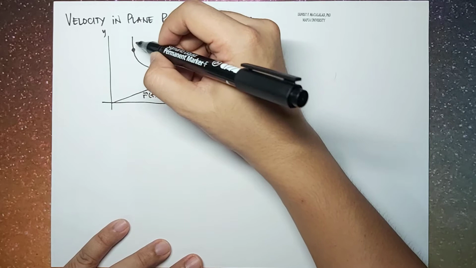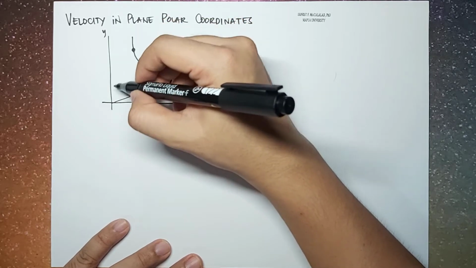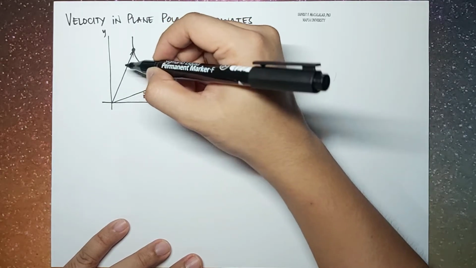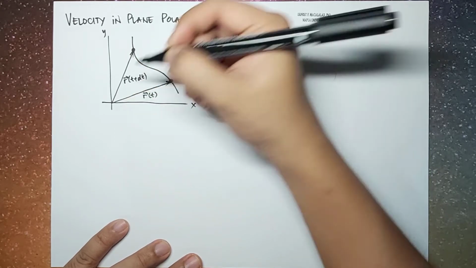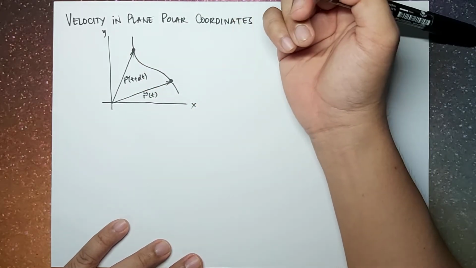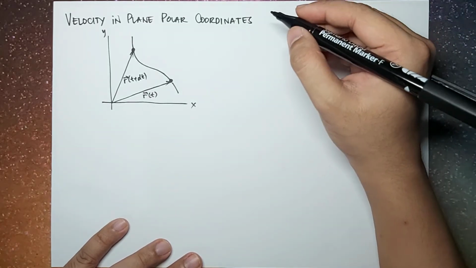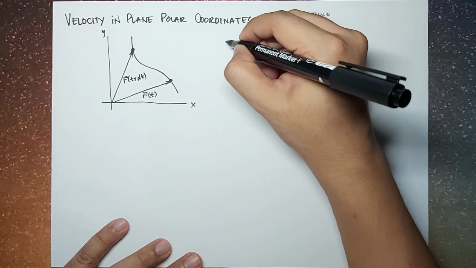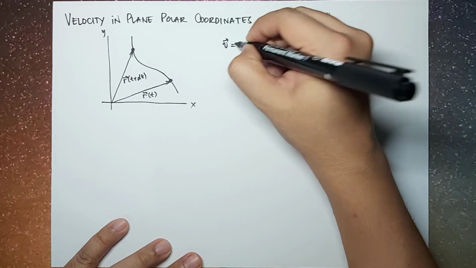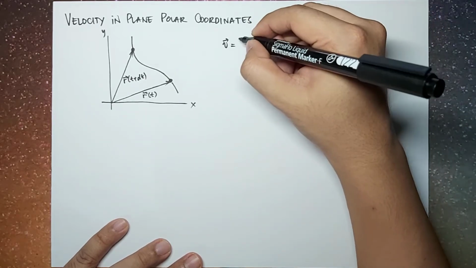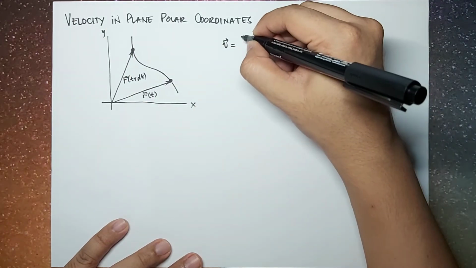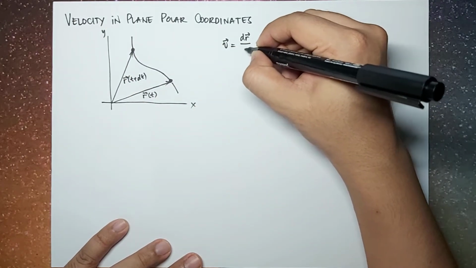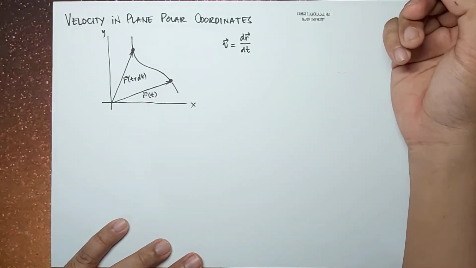At a later time t plus dt, the position is given by r(t+dt). So the velocity function of the particle along this path will be equal to the derivative of the position vector with respect to time.